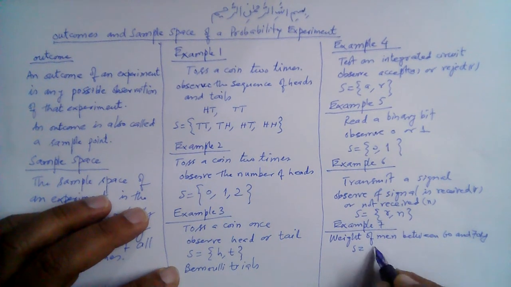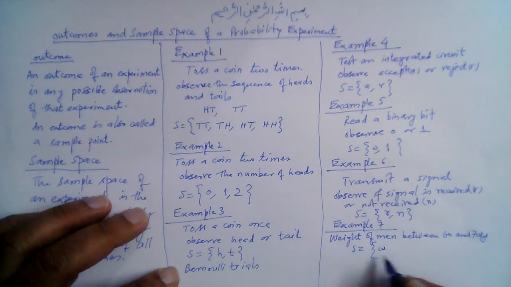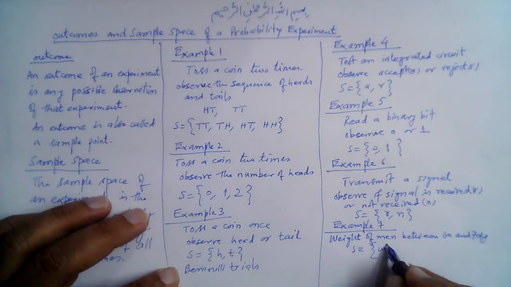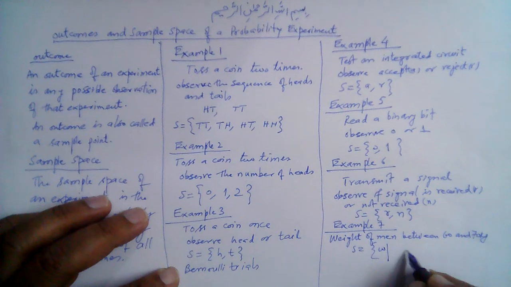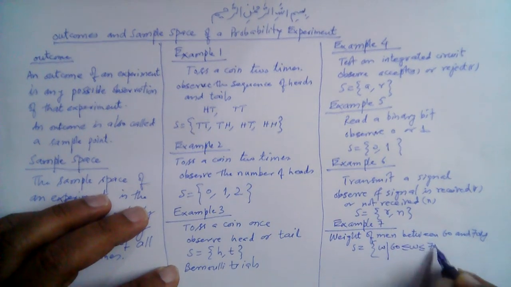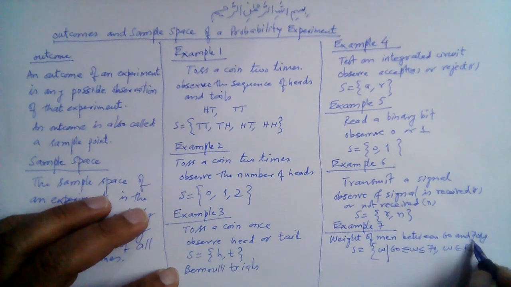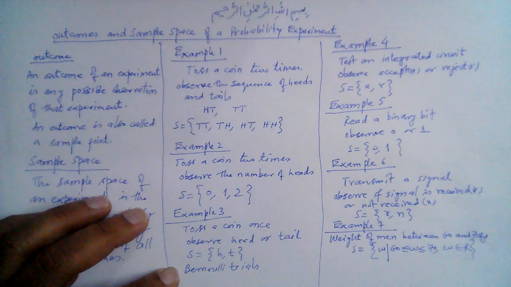So we can express this kind of sample space with this notation. This is equal to W, the weight, while W is greater than or equal to 60, less than or equal to 70, and W is an element of the set of real numbers, right?